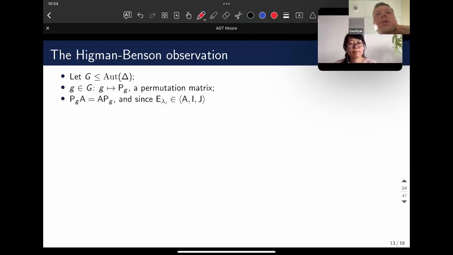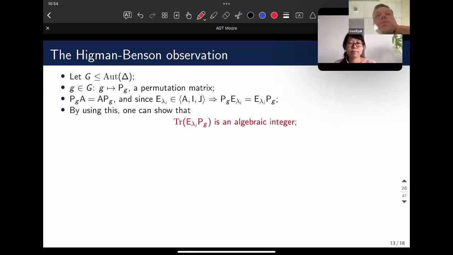And since the projection matrix belongs to the span of these 3 matrices, we also have that this permutation matrix commutes with the projection matrix E lambda. So now, using this commutativity, we can show that the trace of this product, E lambda times the permutation matrix corresponding to an automorphism G, must be an algebraic integer.